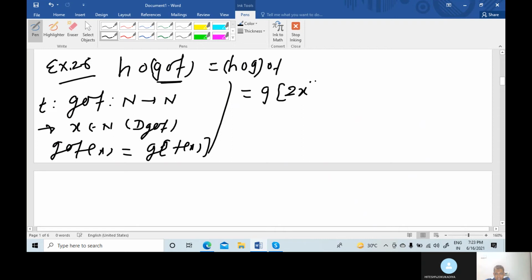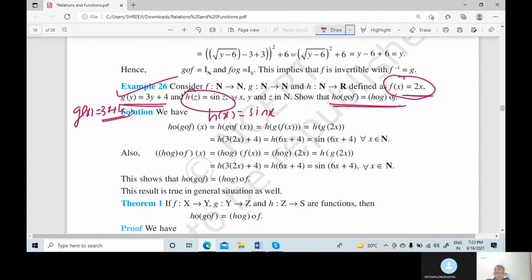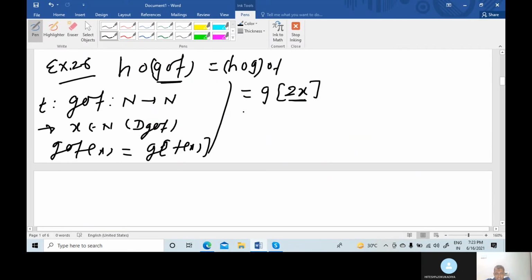So put here 2x for the function g, in place of x. g(x) is 3x + 4. Put 2x in place of x. So g∘f, otherwise t(x), equals 3 times 2x, that is 6x + 4. Our g∘f answer is t(x); g∘f or t(x), both are the same: 6x + 4.